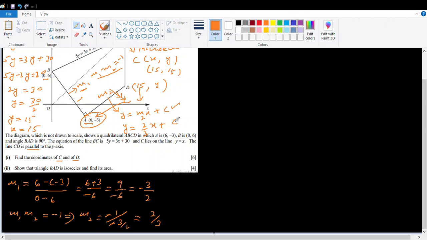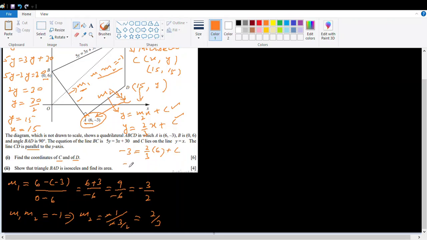Now you are supposed to find the value of c. You will find c by substituting these values in this equation. A is 6 comma minus 3, so you will do it like this: y is minus 3 equals 2 over 3 times 6 plus c.